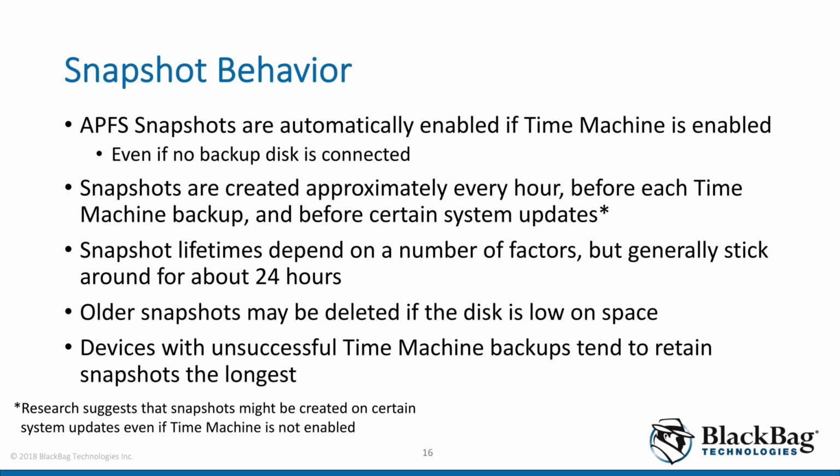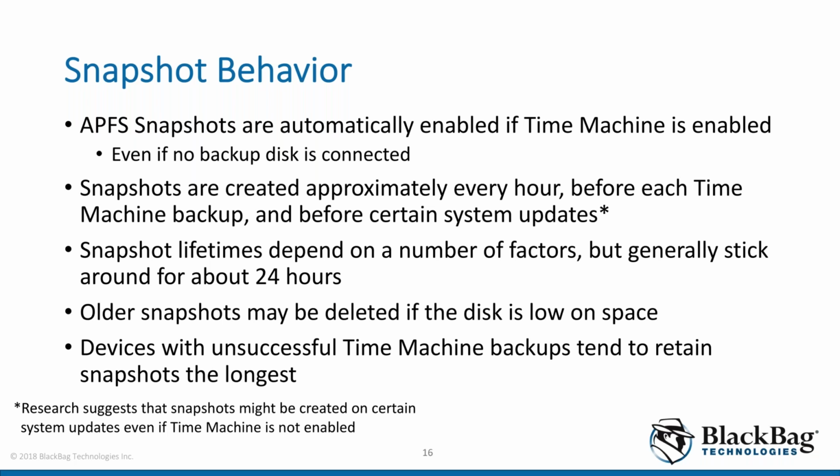My intuition there is that it's a side effect of having Time Machine enabled, because the system tries to do a snapshot every time Time Machine tries a backup, and maybe Time Machine does a query every hour or so. But even if Time Machine is not enabled, you may still see snapshots that happen before a major system update. That's probably so that if the update itself fails, it gives the operating system a way to roll back. But because all files in the file system are preserved in this snapshot, not just the files that are currently actively being updated, we still have a point-in-time state from that snapshot.